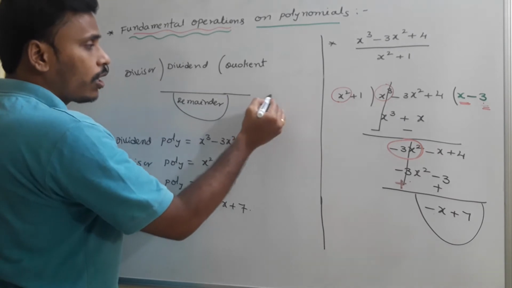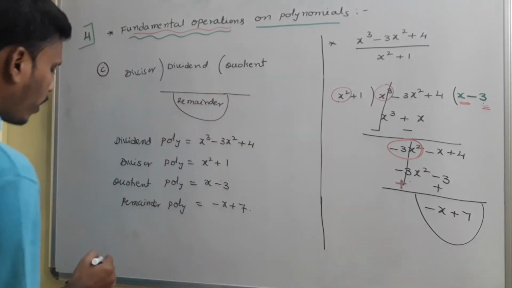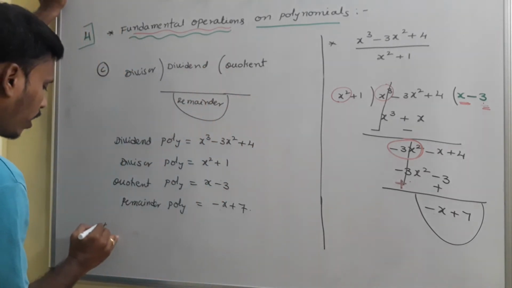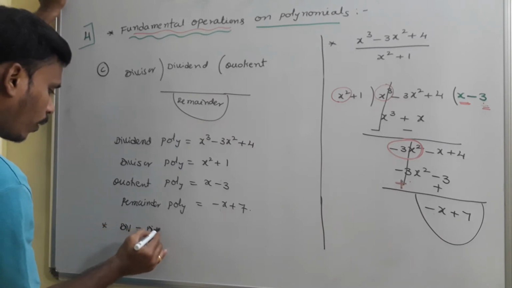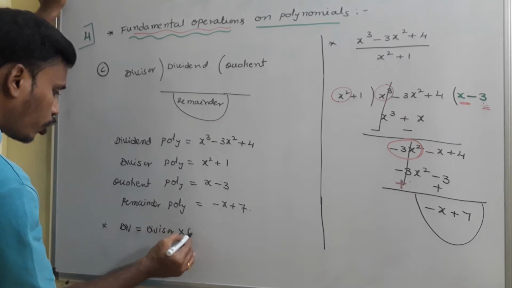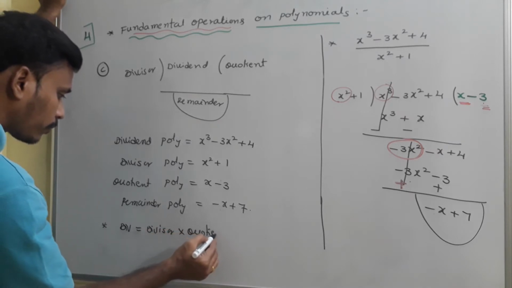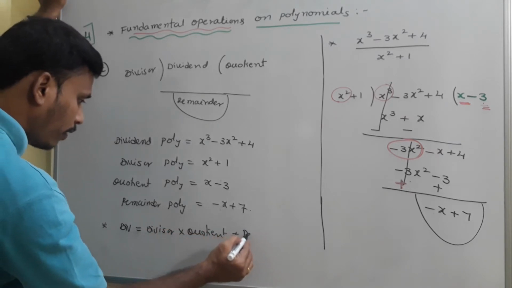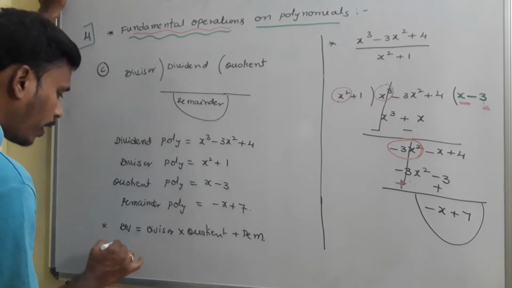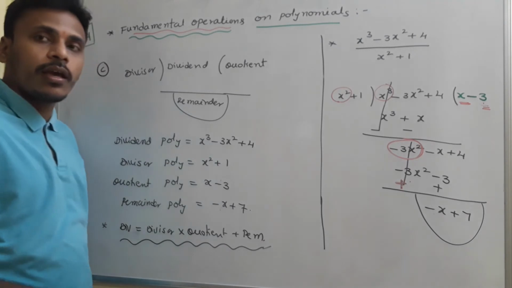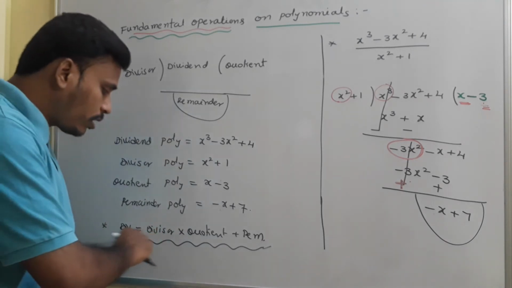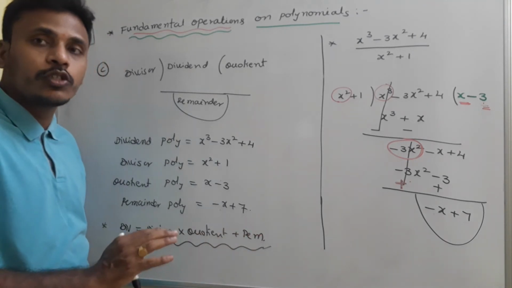So, for numbers, division algorithm is simply what? Dividend is equals to divisor into quotient plus remainder. We know in numbers itself. But now we are going to extend this idea for polynomials. For polynomials also this statement is possible.